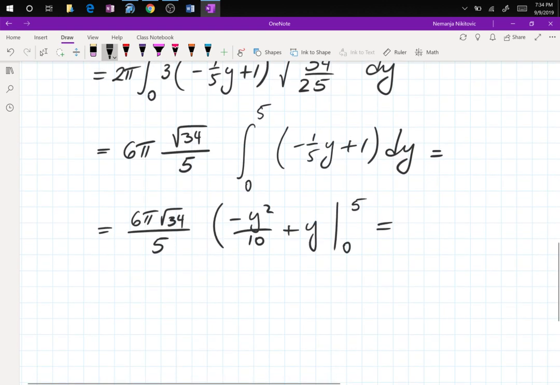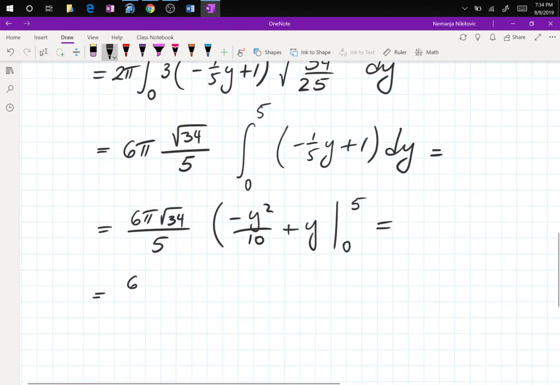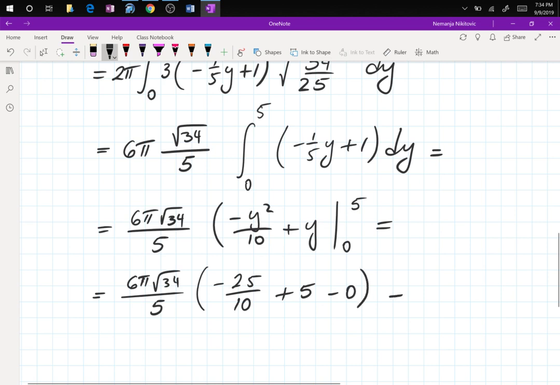Since these are polynomials, we don't have to worry about 0. I have 6 pi root 34 divided by 5. Plug in 5, I will get negative 25 over 10 plus 5, and then minus 0, but we don't care.